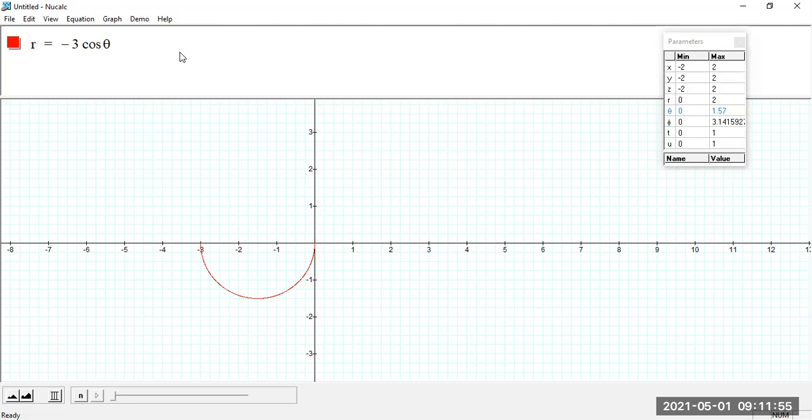So even though the graph doesn't tell us the direction, by playing with the parameter, you can see the part of it. If my theta is in quadrant 1, this is what it looks like. If my theta is in quadrant 1, then the graph will be in quadrant 3.